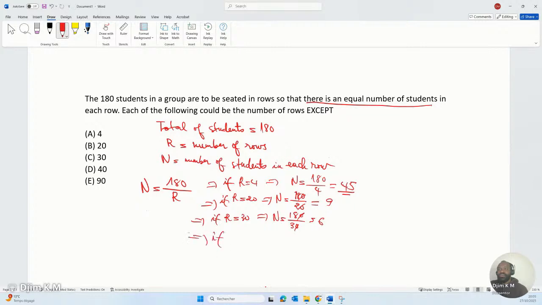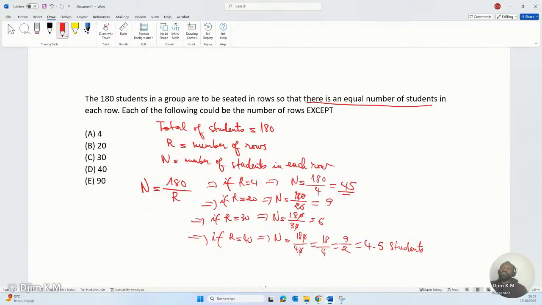And if r is equal to 40, now this is interesting. So if it is 40, this will be equal to 18 divided by 4, and this will be equal to 9 divided by 2. So 9 divided by 2 will give us 4.5 students. So we can't have 4.5 students.